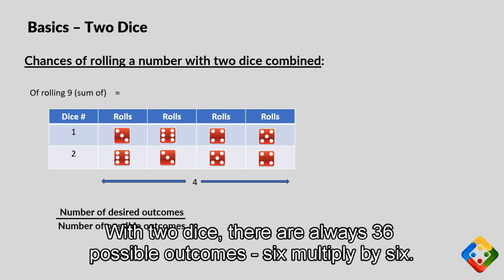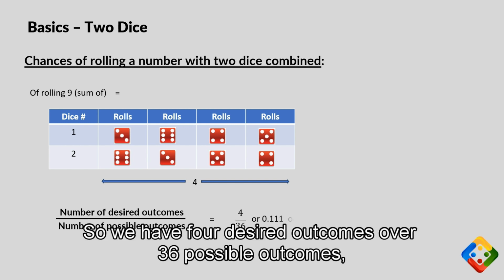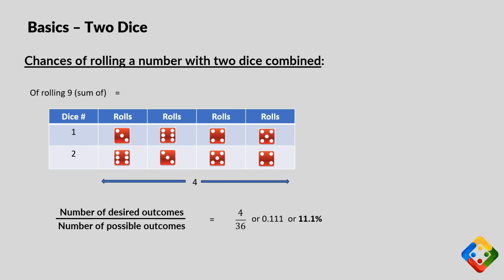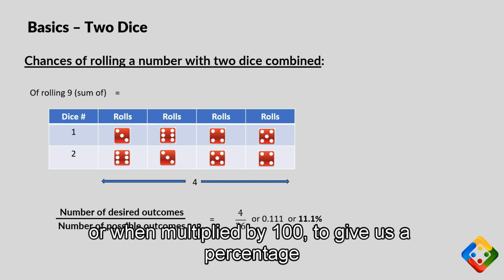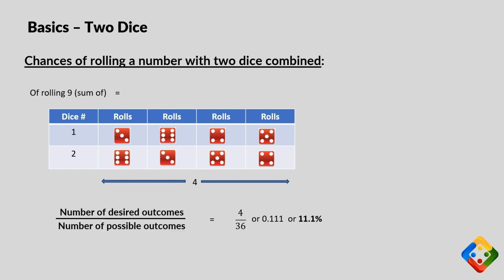With 2 dice, there are always 36 possible outcomes, 6 multiplied by 6. So we have 4 desired outcomes over 36 possible outcomes, which equals 0.11 recurring, or when multiplied by 100 to give us a percentage, 11.1%. Okay, let's look at another number.